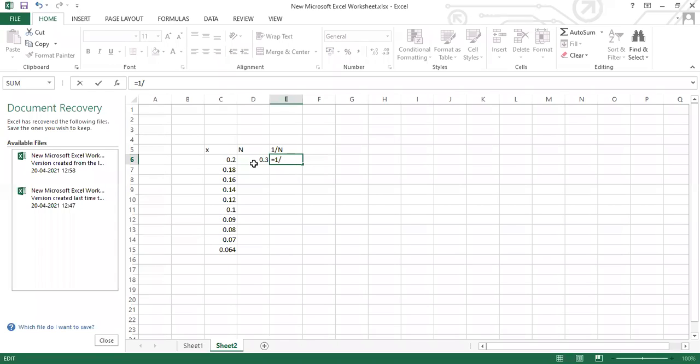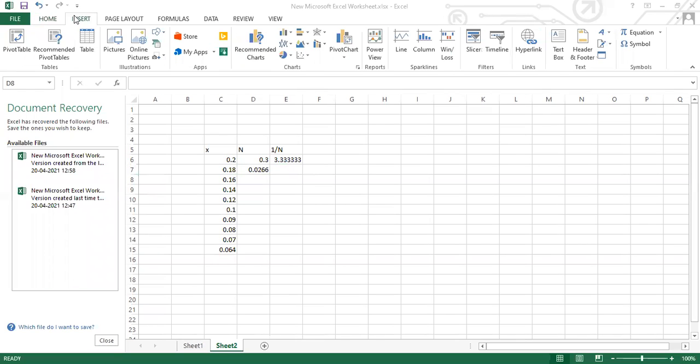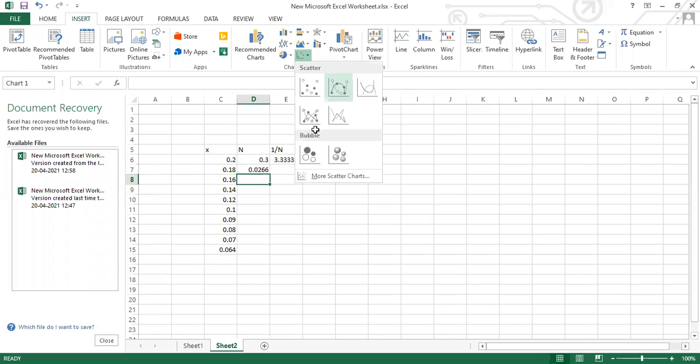So 1 divided by n. If I write down the different values of n, we have 0.3, 0.0266. First I introduce drawing a graph of 1 divided by n.